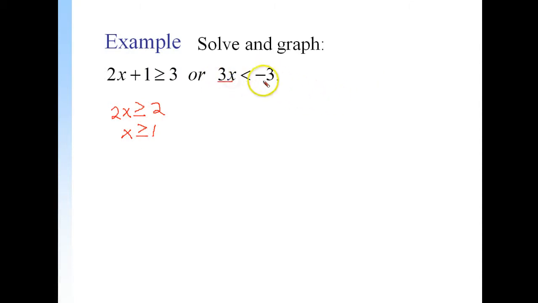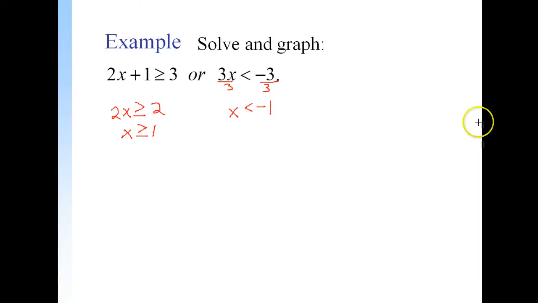Here we're simply going to divide both sides by 3. And we get x is less than -1. You might recall that if we had to divide by a negative, we don't have to do it here, we would have to reverse the direction of our inequality sign to keep it true.